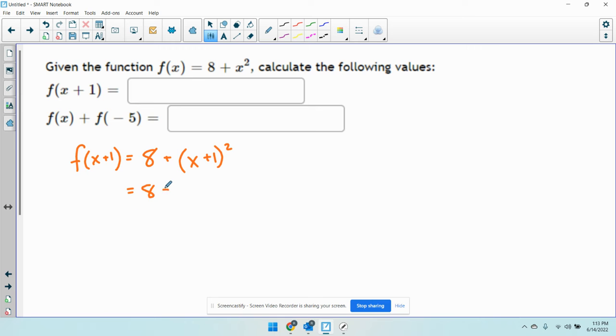So this is 8 plus, now I can FOIL this. X plus 1 squared is just x plus 1 times x plus 1. So I'll do first x squared, outer is 1x, inner is 1x, and last is 1. So I have x squared plus 2x plus 8 plus 1 is plus 9. So this is going to be x squared plus 2x plus 9.